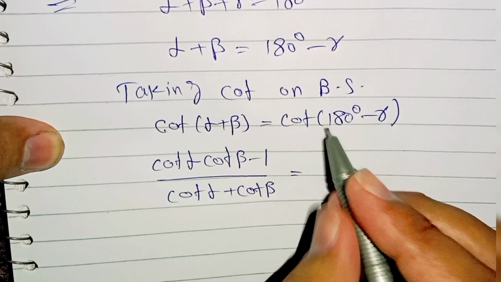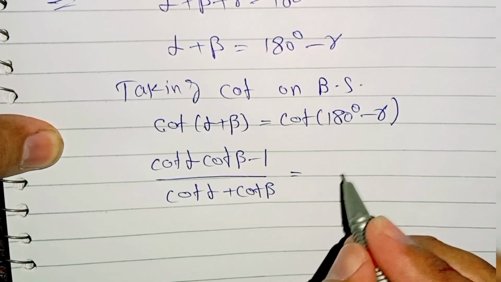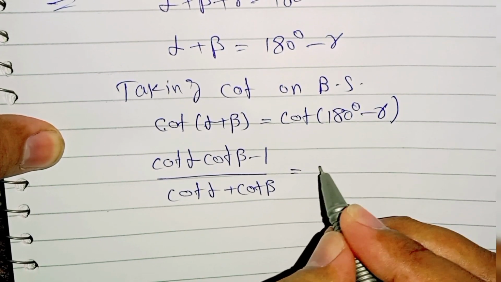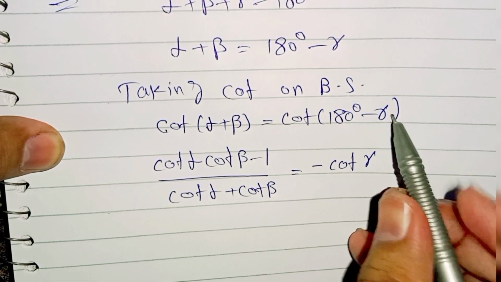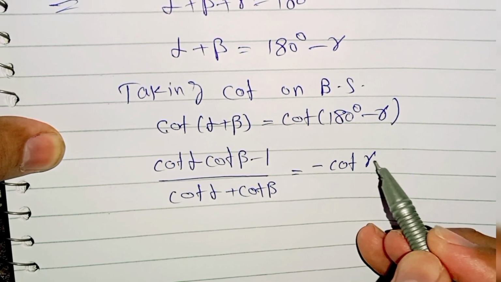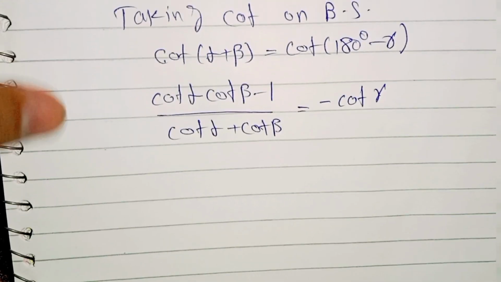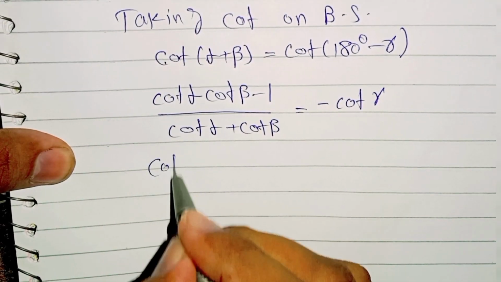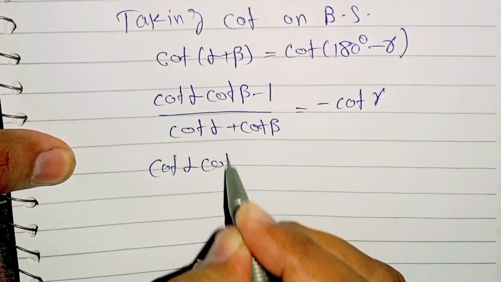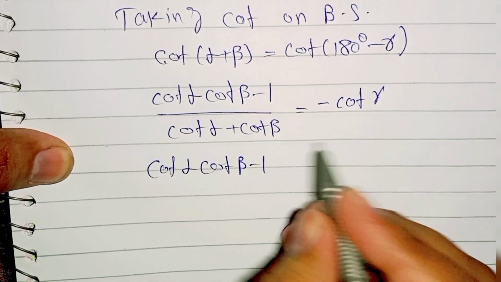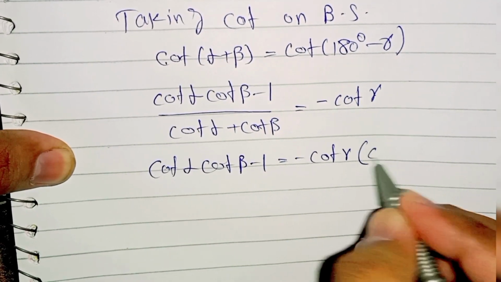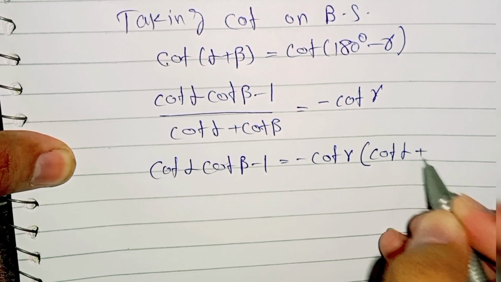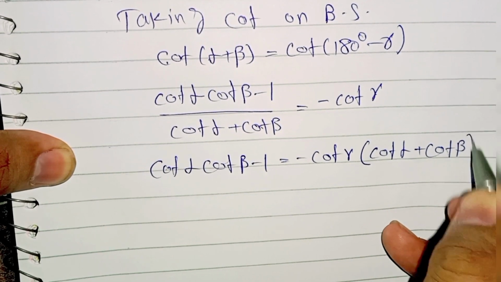and we know that cot of 180 minus theta is equal to minus cot theta. In place of theta we use angle gamma. Cot alpha cot beta minus 1 is equal to minus cot gamma multiplied by cot alpha plus cot beta.